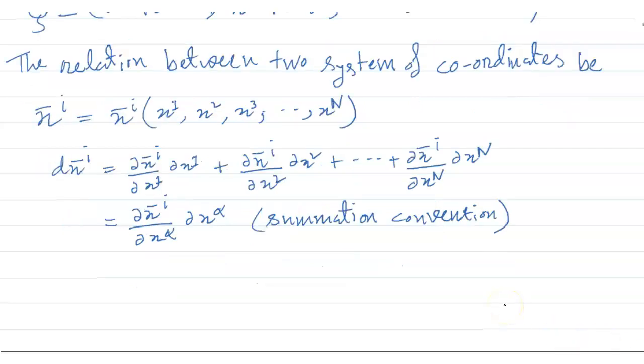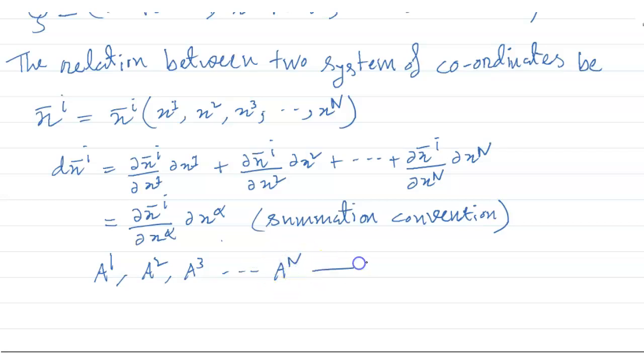The transformation is a small increment in the system of coordinates. Take some quantities like a1, a2, a3 up to an.